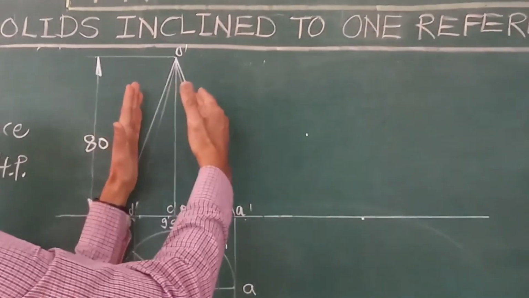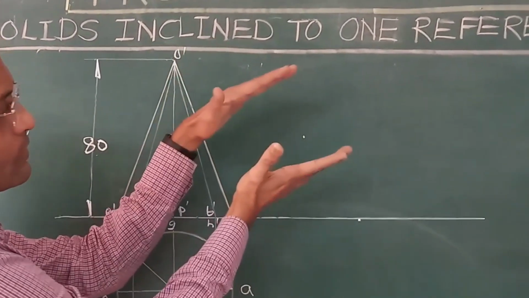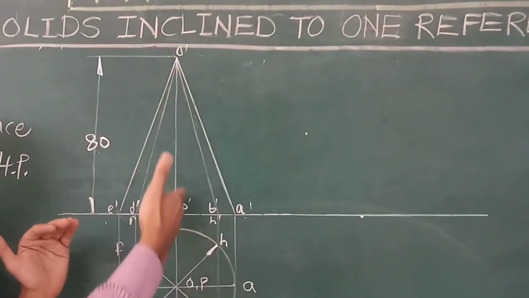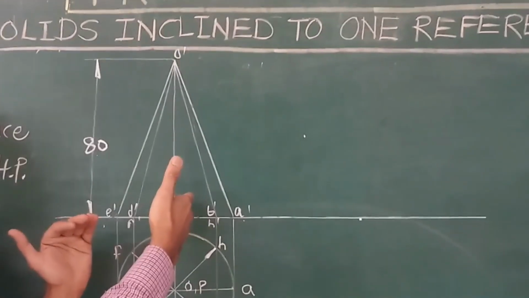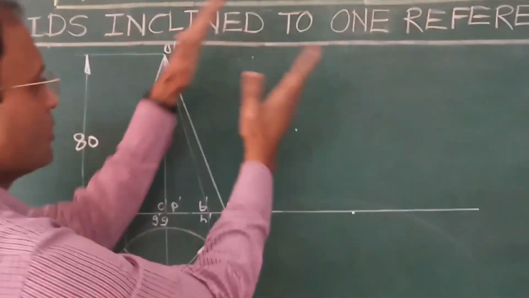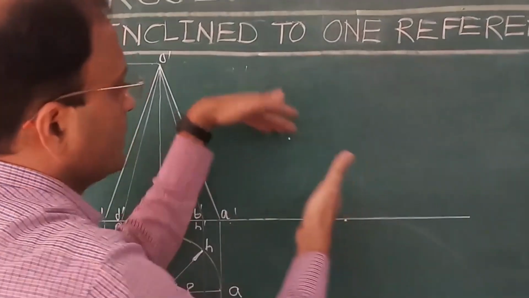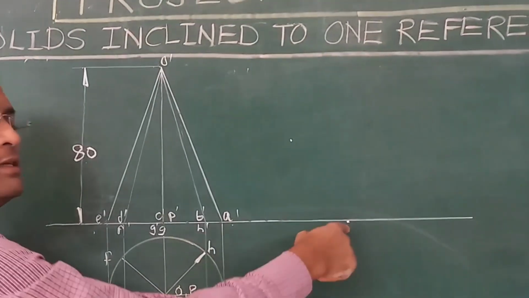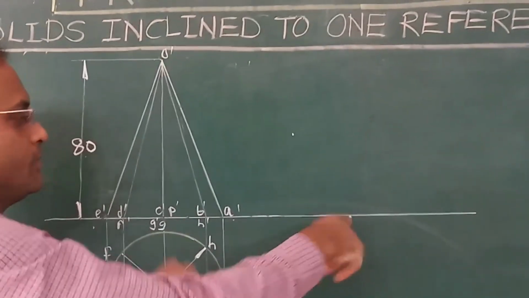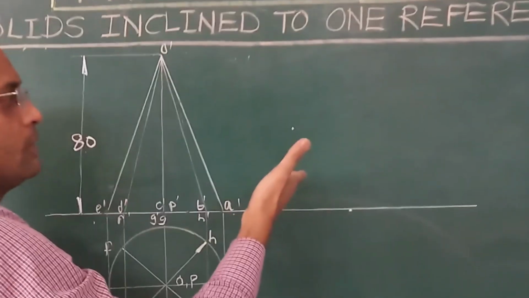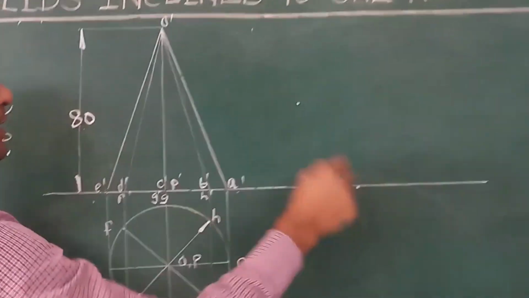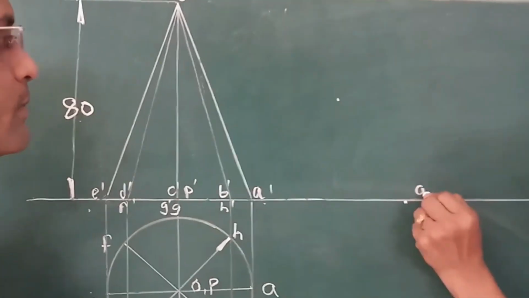Now this cone is to be tilted such that axis now makes 30° with horizontal plane. So we have to reproduce this front view such that the point A lies on XY and at the same time axis makes 30°. So for this purpose, first of all mark A dash on XY.